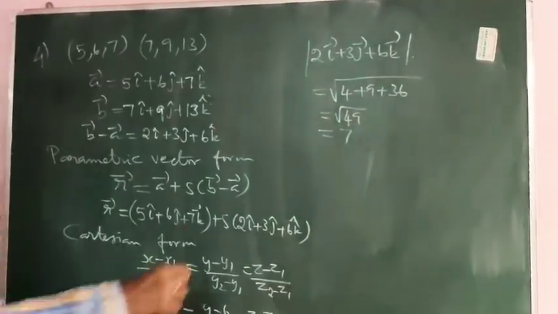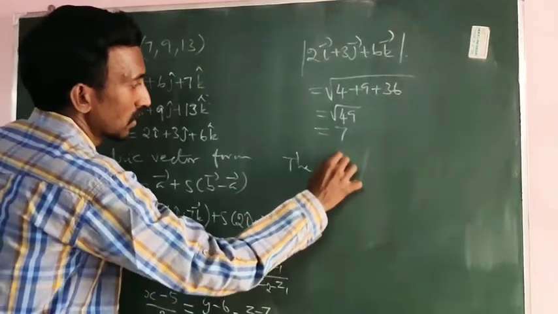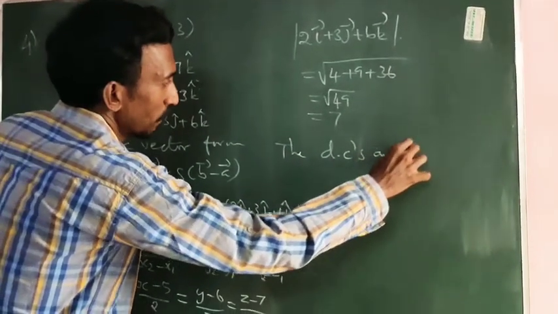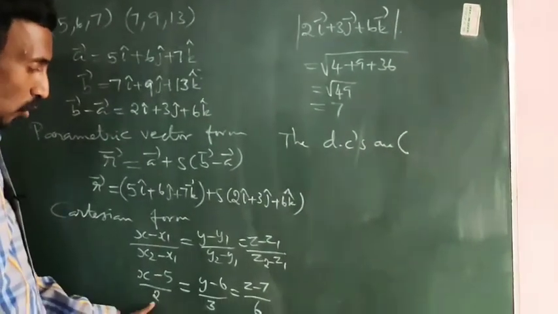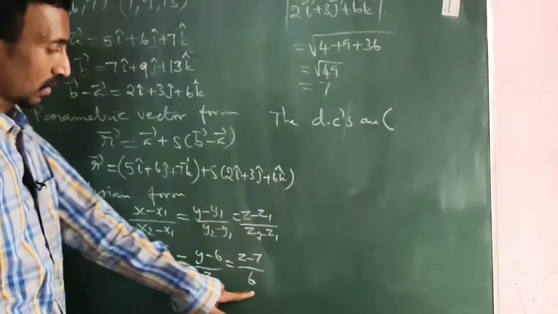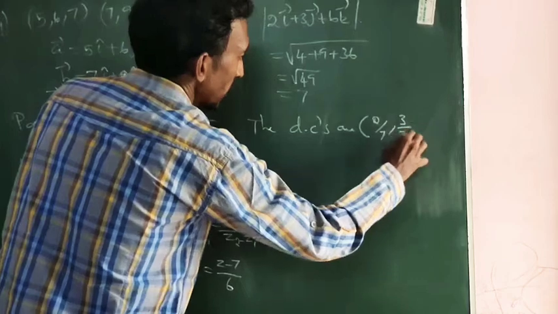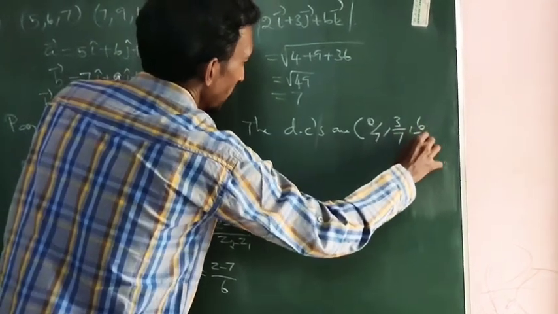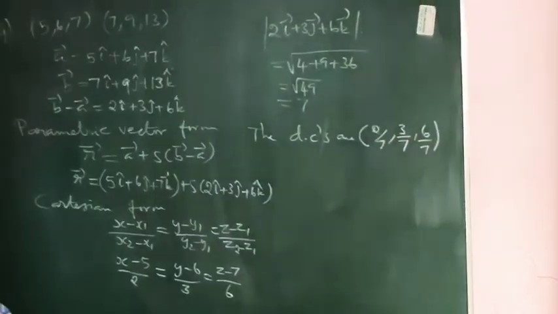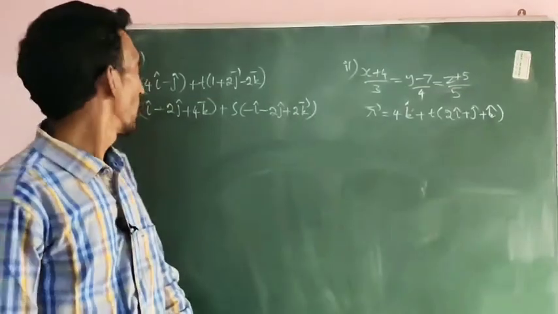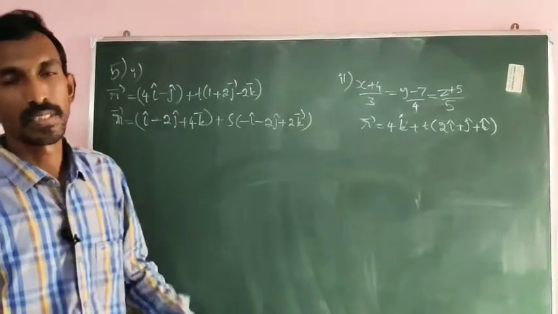Therefore the direction cosines are 2 by 7, 3 by 7, 6 by 7. They are the DCs. Question number 5. There are 3 subdivisions.